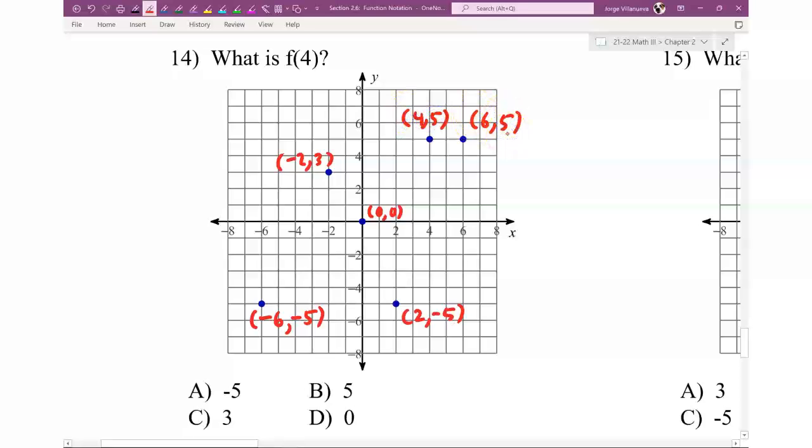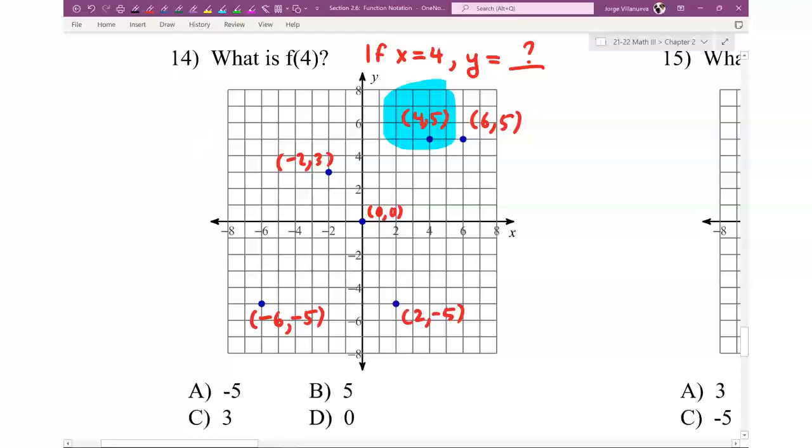Okay? And what that question is saying up top is, what is f of 4? In other words, if x equals 4, then what's y equal to? That's what they're asking me. Well, can you see the answer in the points? It's right here. 4, 5.